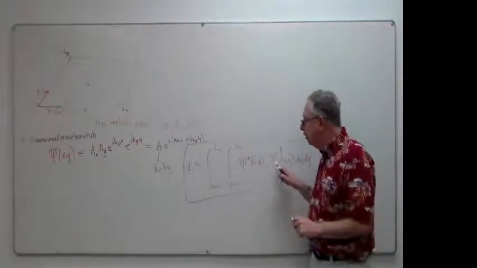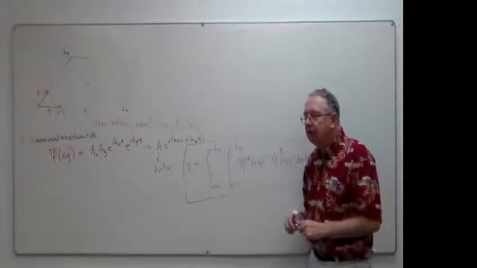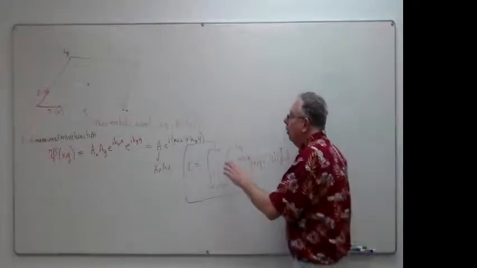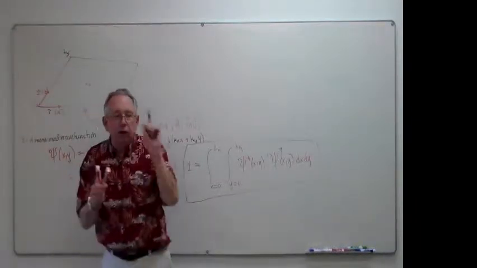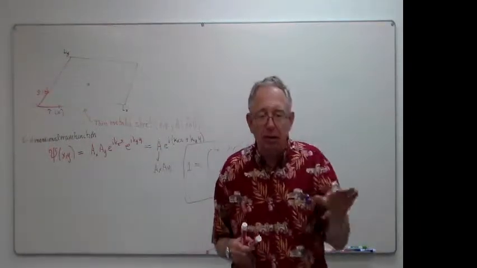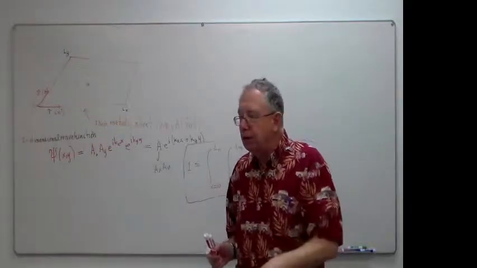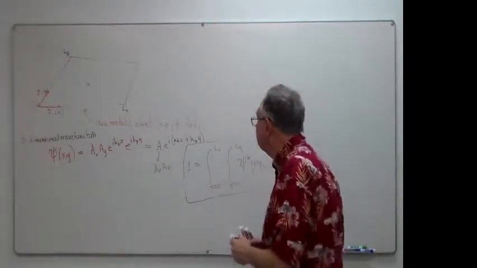Is this wave function normalized if this is true? Yes, because when we integrate over all the y and all the x, we have unit probability of finding that electron somewhere in that sheet of aluminum foil. Okay?